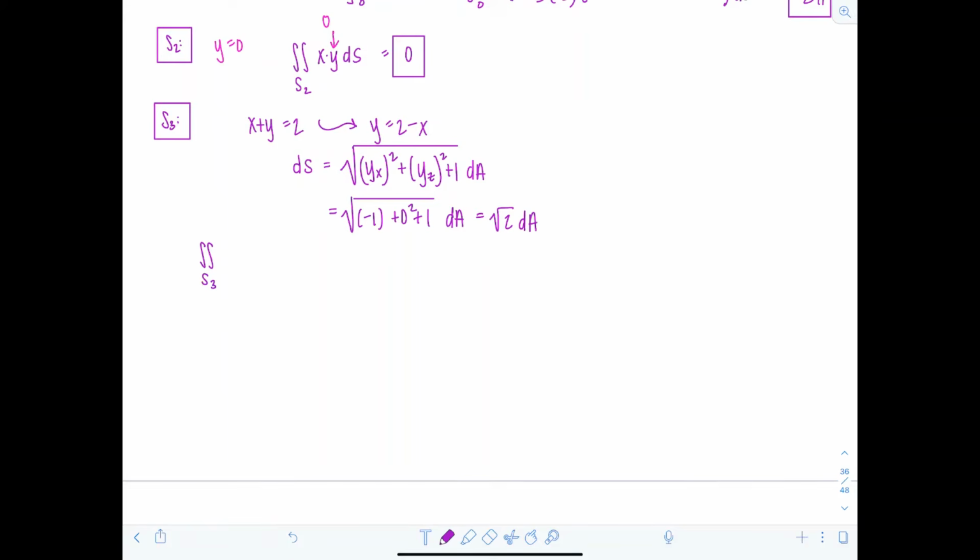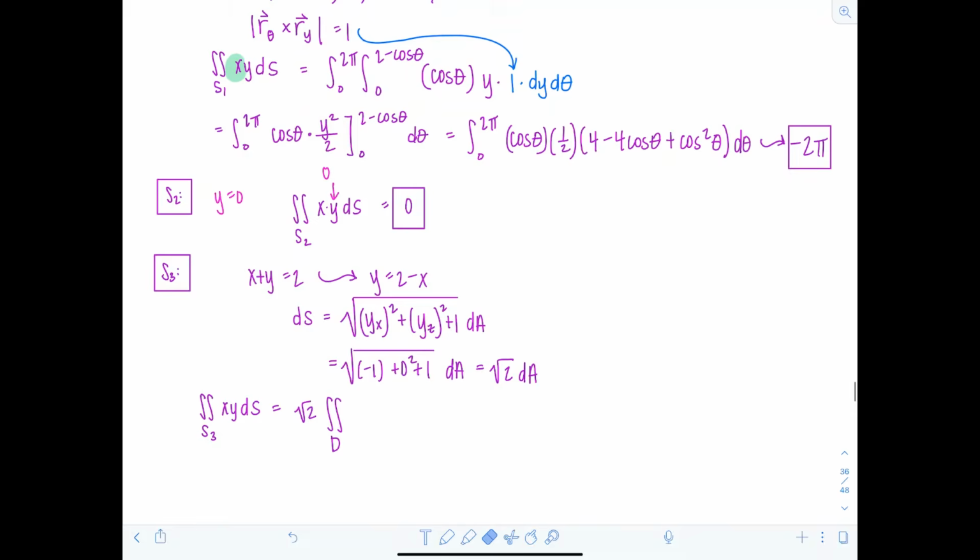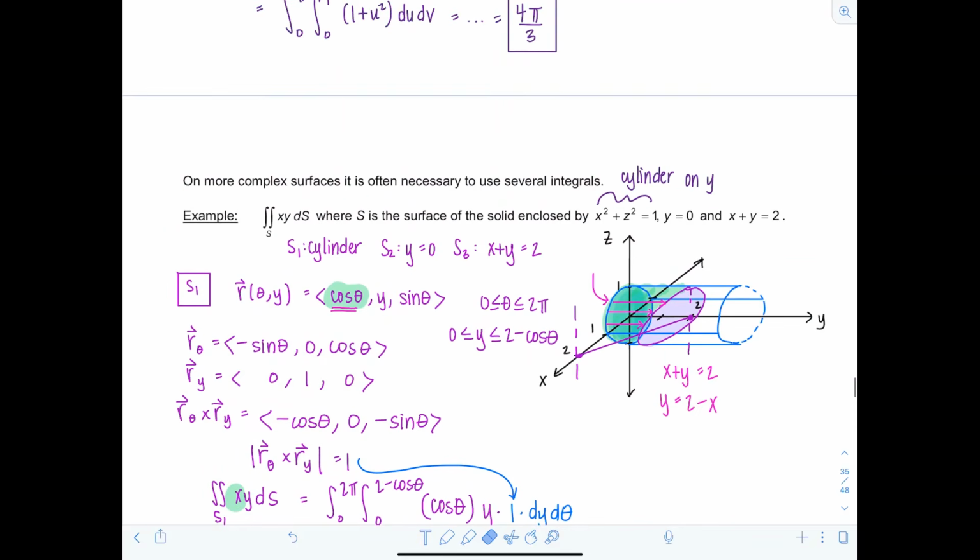Surface integral for surface 3 of xy ds is going to equal rad 2 double integral over D. What's D? Surface 2 is this purple ellipse, right? And you can choose to integrate over whatever plane is convenient for you.